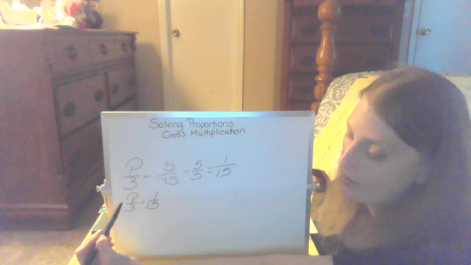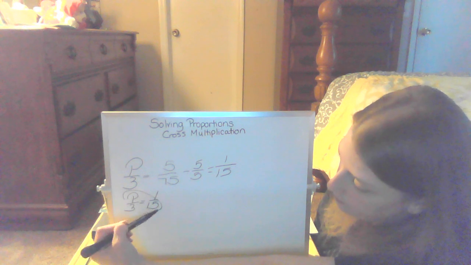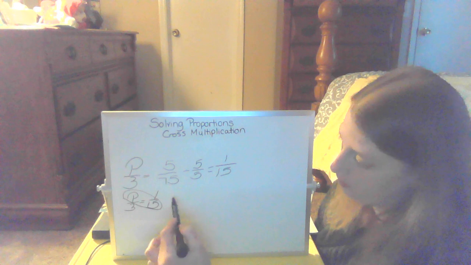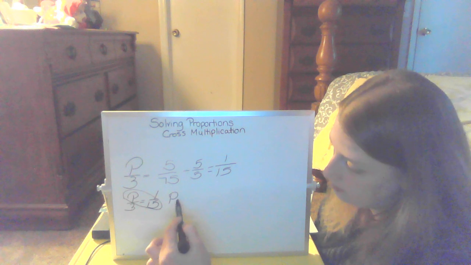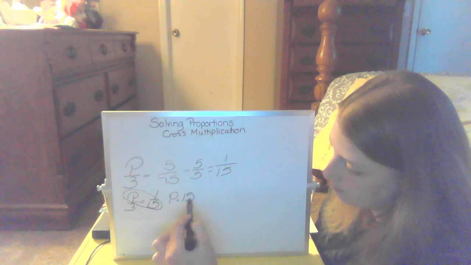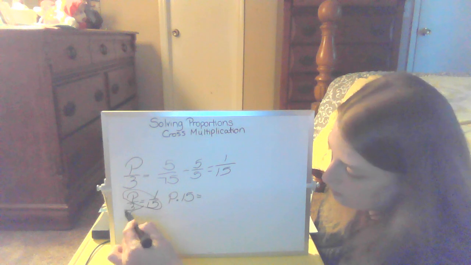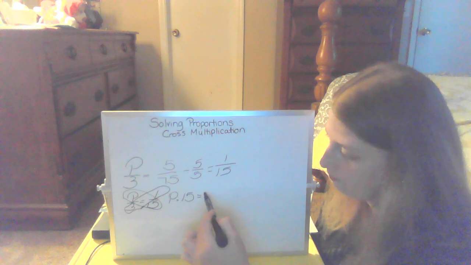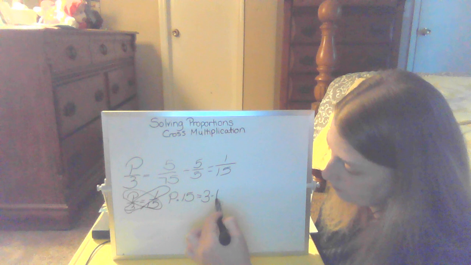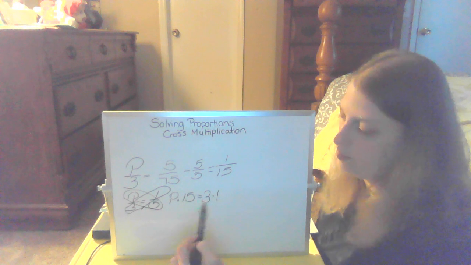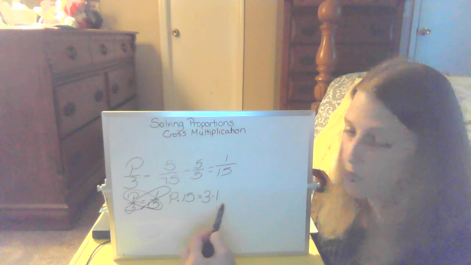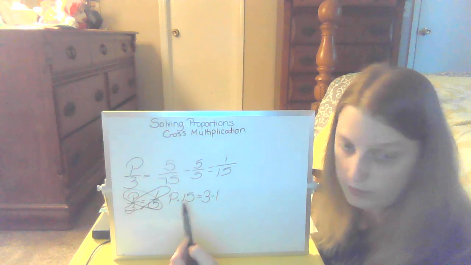Alright, so we're going to cross multiply: p times 15 equals 3 times 1. The first step is to figure out what 3 times 1 is, which is 3.